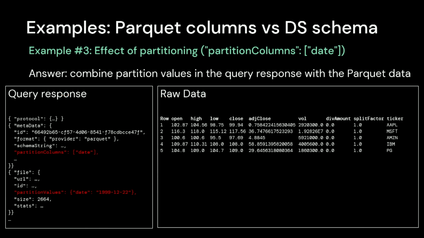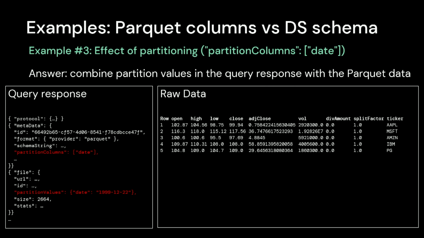And the answer requires us to take a deeper look at the response that we got to the table query. When we look at that second line that possesses the metadata for that table query response, we'll see that there are partition columns. In fact, there's a partition column called date. And when we look at an individual file descriptor, in this case the third line of that response, we'll see a new optional attribute, which is the partition values.